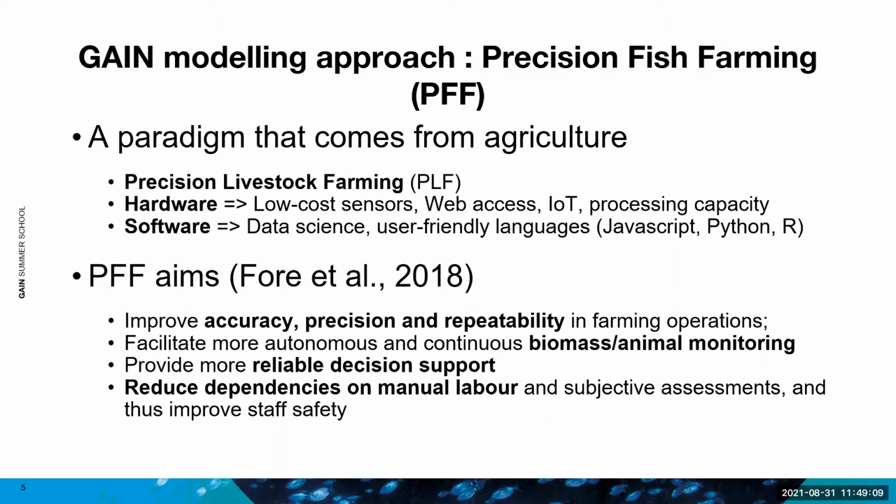That means more than only monitoring what is going on. You need to find a way to provide the farmer with indicators or methodology to help him take decisions. And of course, the idea was also to reduce the dependency on manual labor and to improve staff safety.